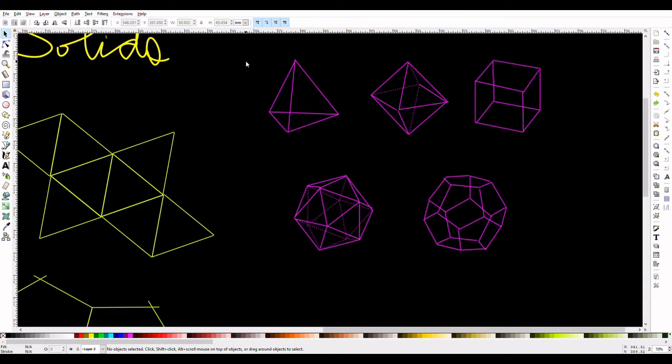Here you have a representation of all 5 Platonic solids. Let's talk about the parts of these solids. We have vertices, we have edges, and we have faces. And if there's a bottom face and a top face, we will call those bases. Those are the base faces, if you will.